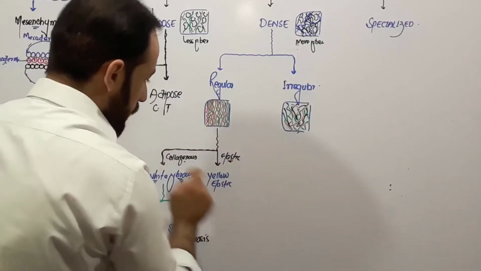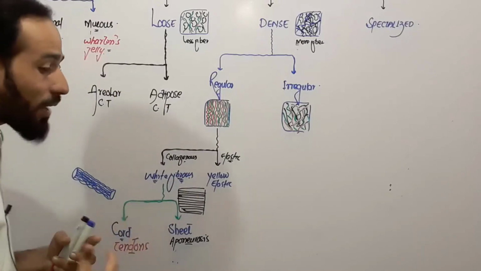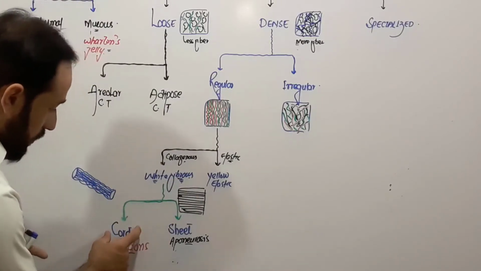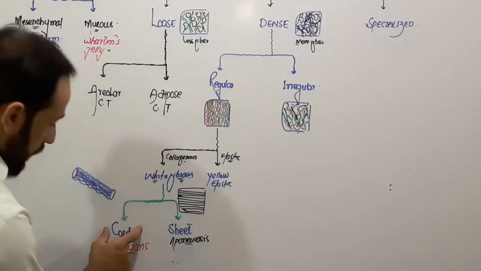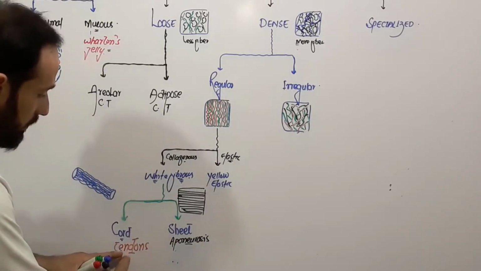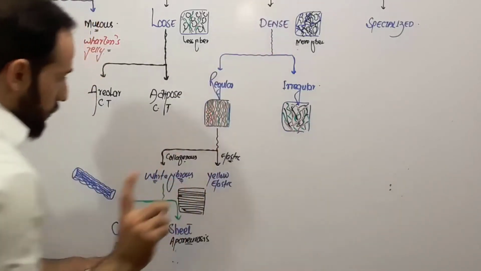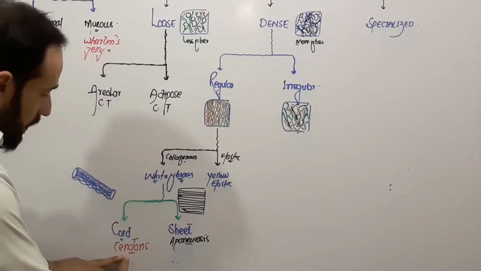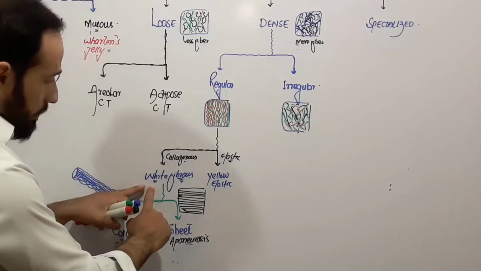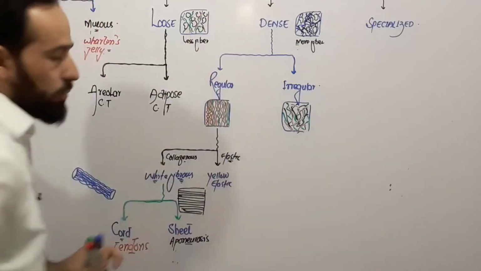Elastic is also known as yellow elastic. The white fibrous tissue we can find in our body in two forms, in cord form and in sheet form. In cord form, the examples are tendons. So tendons are the examples of white fibrous regular dense connective tissue.